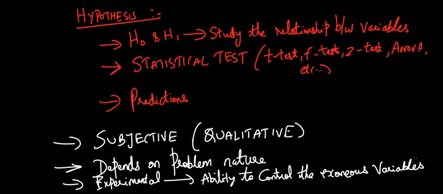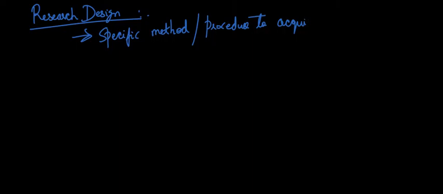Now, having seen the method of inquiry, the next step in marketing research is the research design. What is this research design? Research design is identification of a specific method or procedure to acquire the information required.